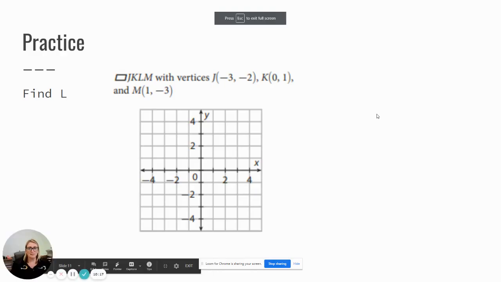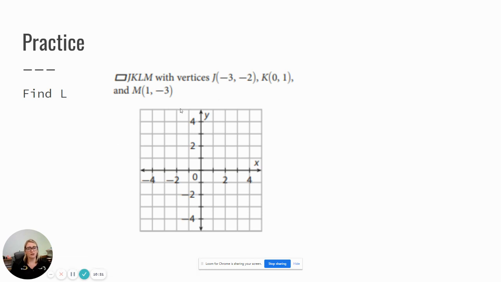Let me make this a little bit bigger for you. You're going to want to start by graphing your points so you can figure out where L even has to go. You need to know what part of the graph it needs to go on. And then once you know that, you can start looking for L. So find what point L is and make sure to do your checks on your parallel slopes to make sure that it makes sense.